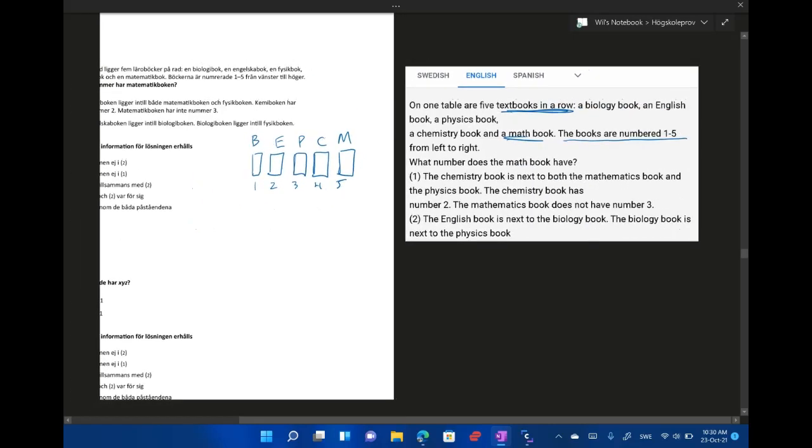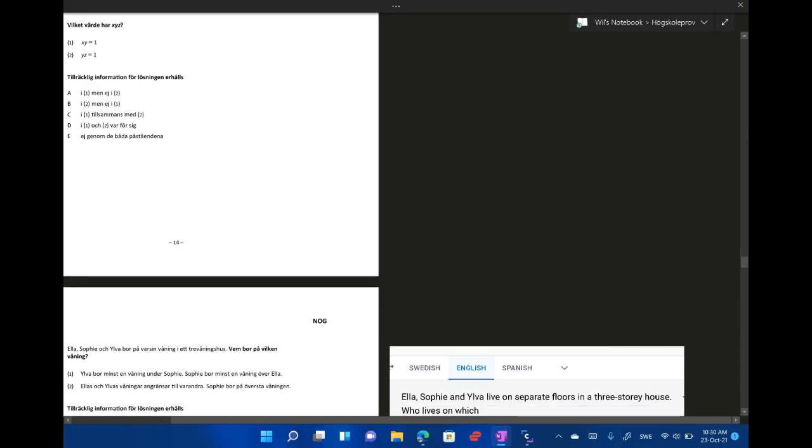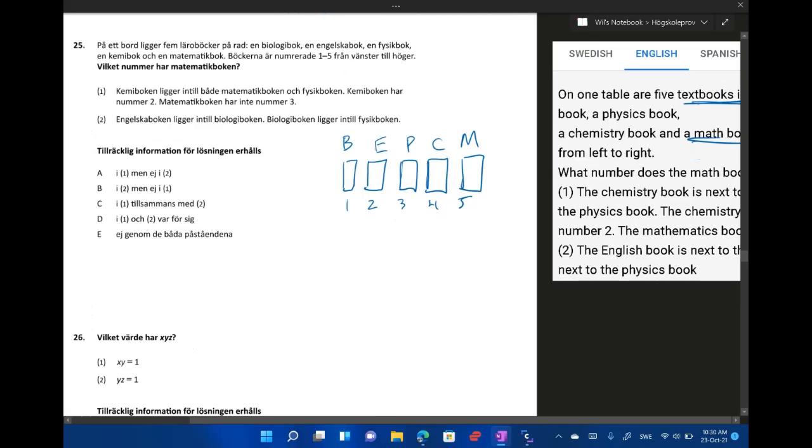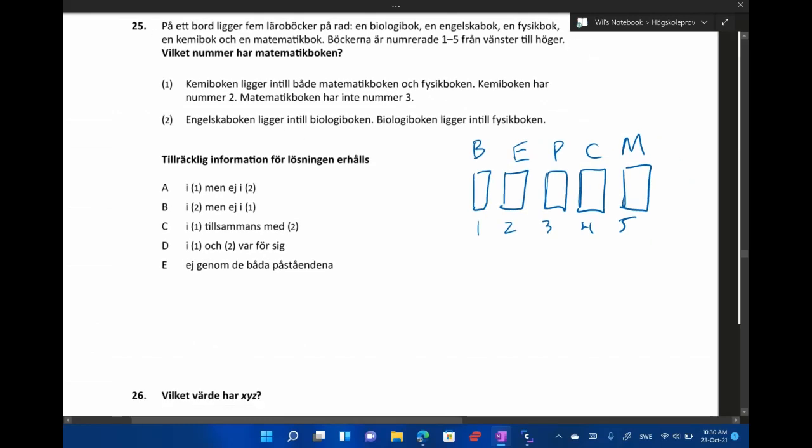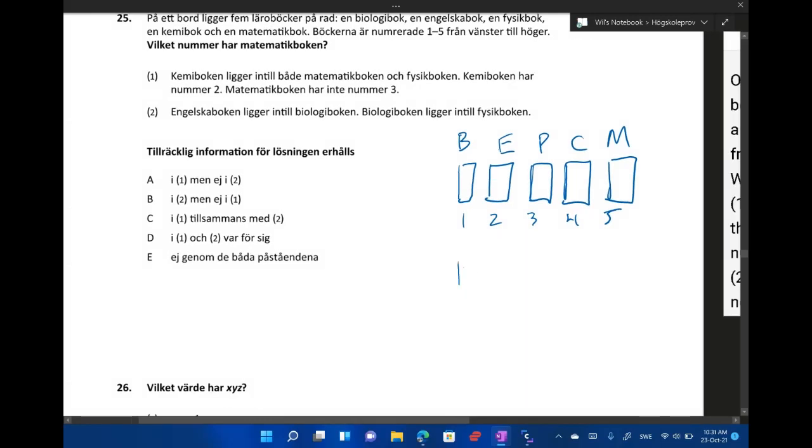So that could be true. The math book could be the 5th book, right? But it doesn't say that, though. It just says that the books are laid in order. So it could very well be the opposite. It could be that the math book is first, and the second is the chemistry, and the third is the physics.